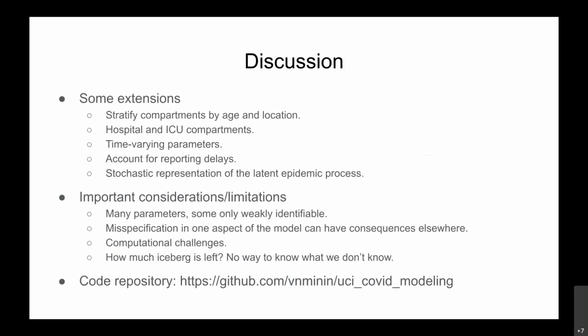The model is also complicated in certain ways, and so misspecification of any one aspect of the model can have consequences elsewhere. In particular, if you misscale a prior, you're going to see it. It's not going to crash quietly. It's going to blow up.